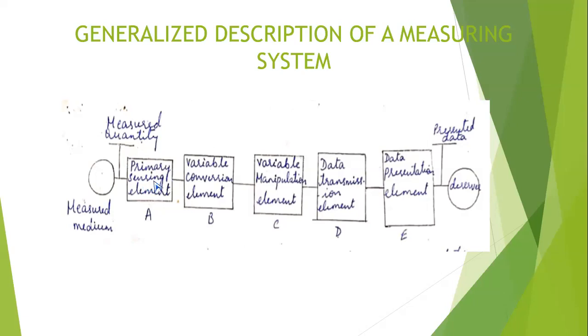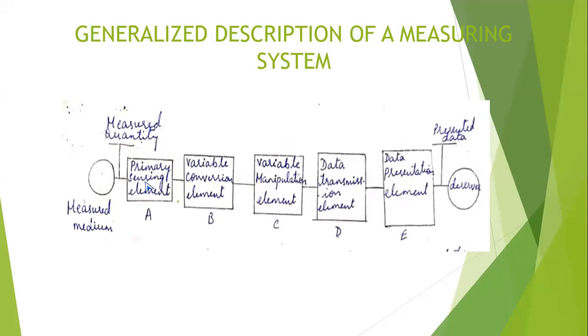There will be strain gauges. The strain gauges are connected in a Wheatstone bridge. Due to the change in the resistance of the bridge, there will be an output. The output is in analog form.